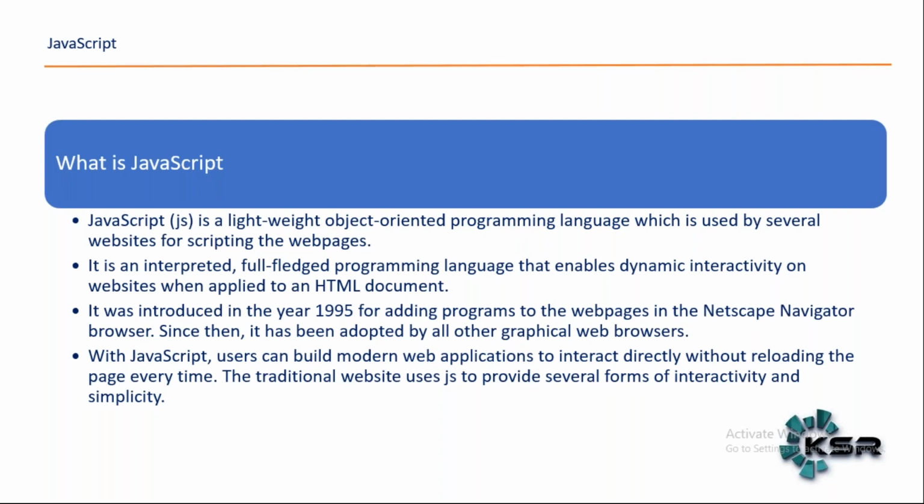What do we mean by dynamic interactivity? We can embed any kind of images, audios, and videos with the help of HTML. You have seen a lot of movies using HTML plus JavaScript, where JavaScript is used to embed some active script so that you are able to see the movie or audio or video.